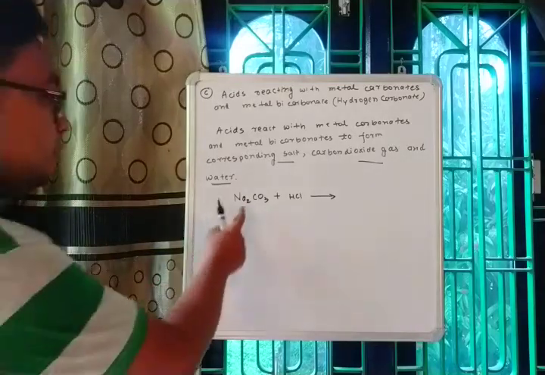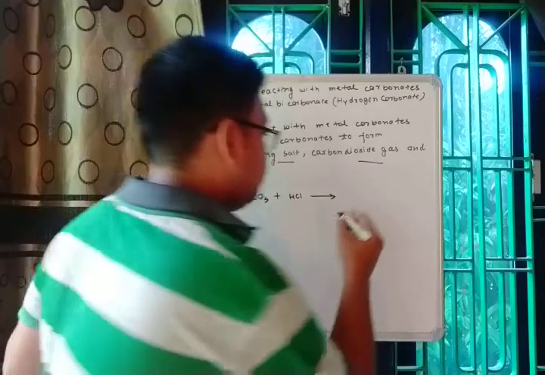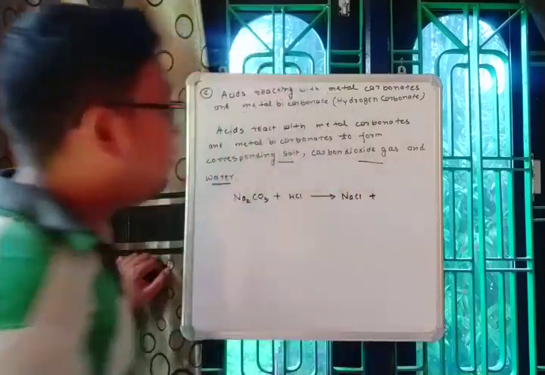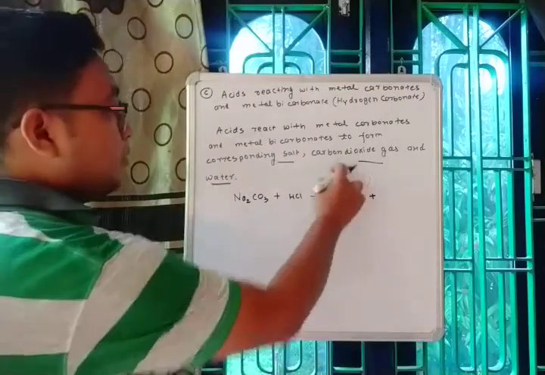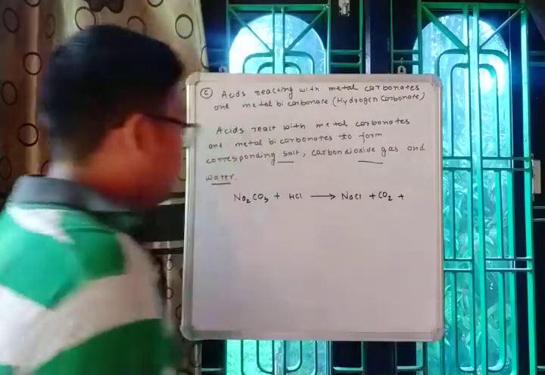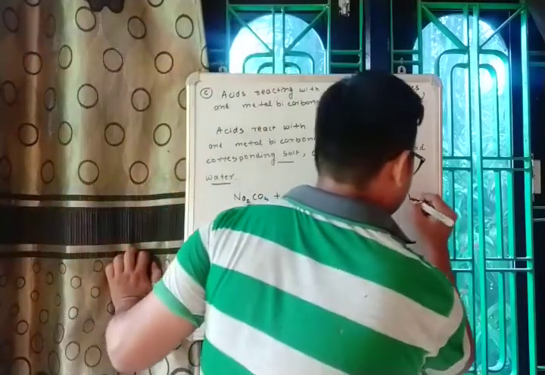So whenever this reacts with this one, it will give us NaCl, that is the salt. Then we have two more products, carbon dioxide gas, CO2, and the third product, water. NaCl plus CO2 plus H2O.